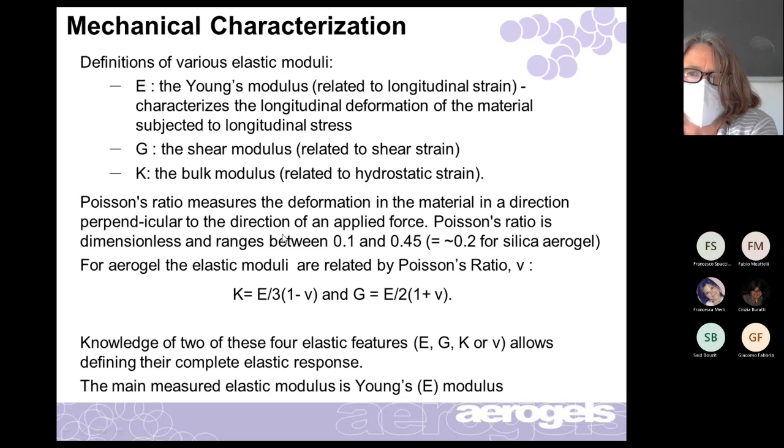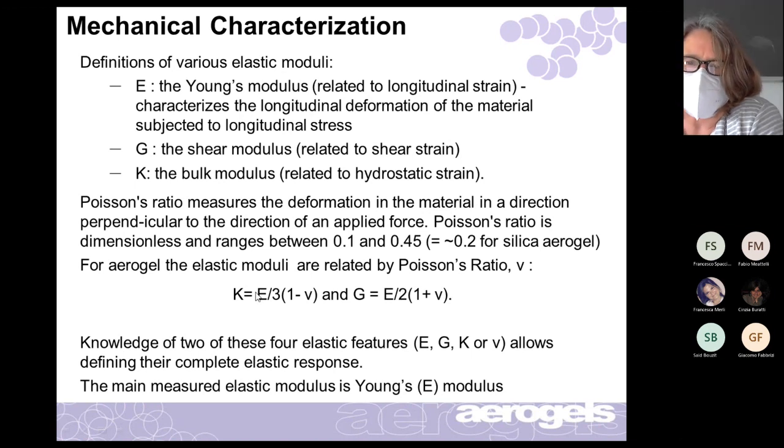So if I push on it this way, how much does it go out that way? I squeeze it down, does it extend that way? It's dimensionless, typically ranging between 0.1 and 0.45. I've never measured nor used this number, but I've read that silica aerogel people report about 0.2.